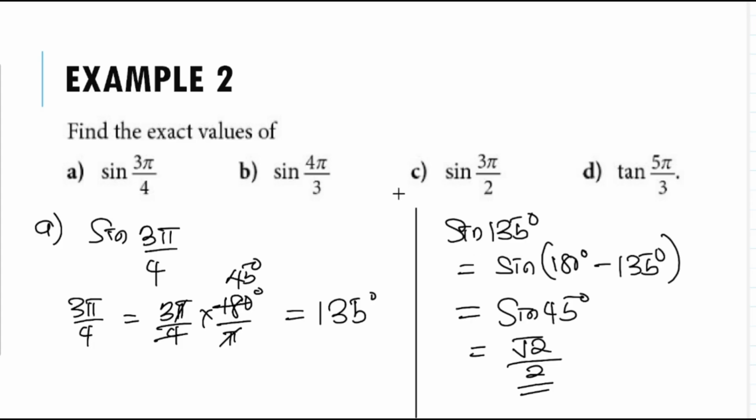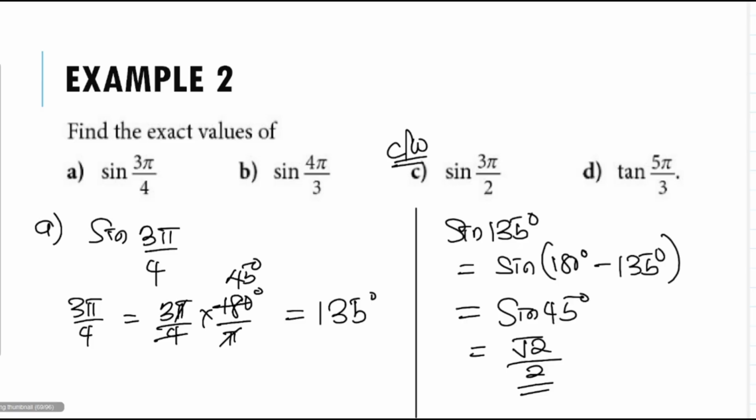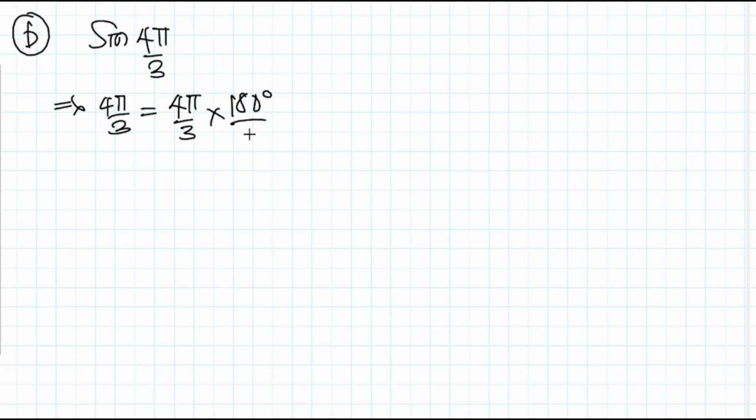Okay, so we're going to do C as classwork. So the ones we are solving now are B and D. So B, we have sine 4 pi over 3. Convert 4 pi over 3 to degree, that will be 4 pi over 3 multiplied by 180 degree over pi.